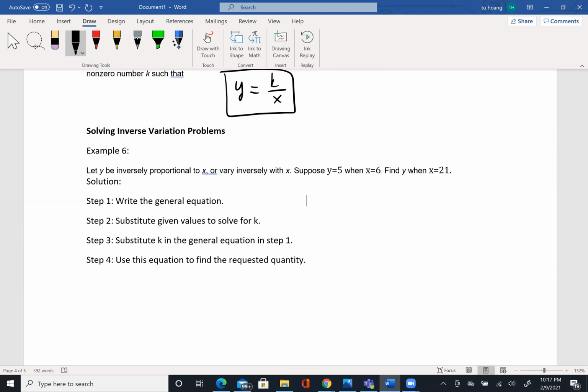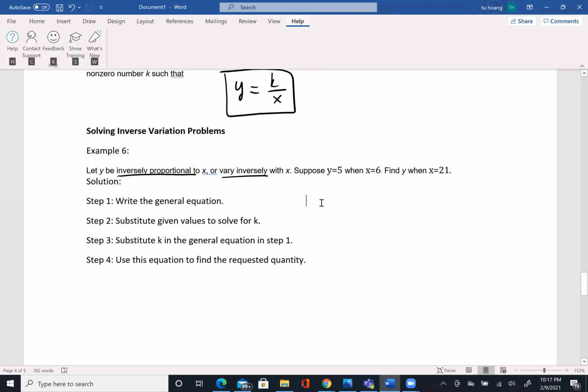Because it says y is inversely proportional, or varies inversely, with x, I'm going to write y equal to k divided by x. Remember, in here k is not equal to 0.